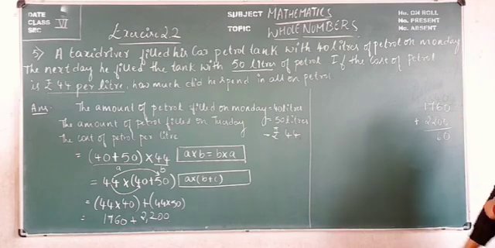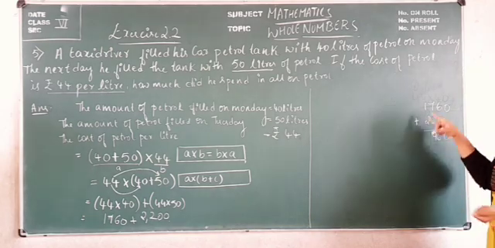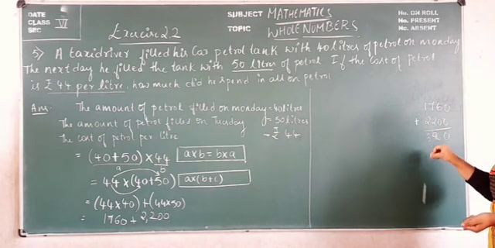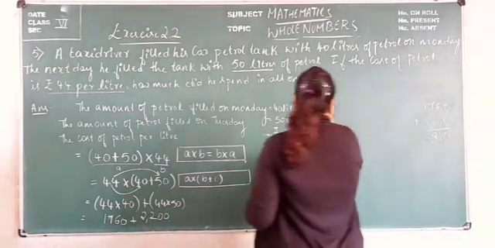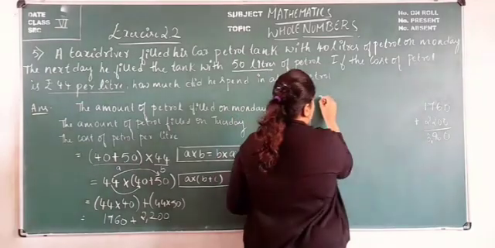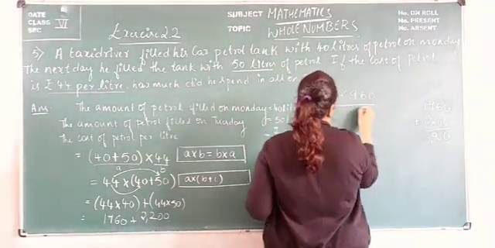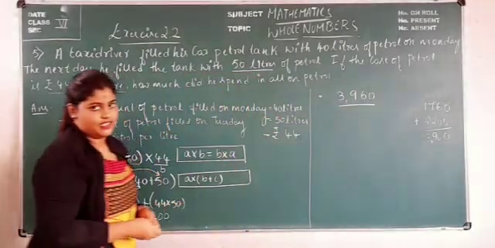Then what is 7 plus 2? 9. Then 1 plus 2, 3. So when we add 1760 plus 2200, we got 3960 as the answer.